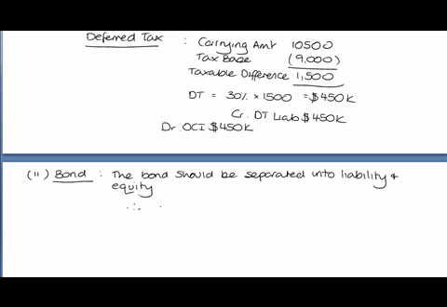Therefore, we're going to debit the bond 0.4 million and credit equity 0.4 million. This is in accordance with IAS 32. It's the logical thing to do.